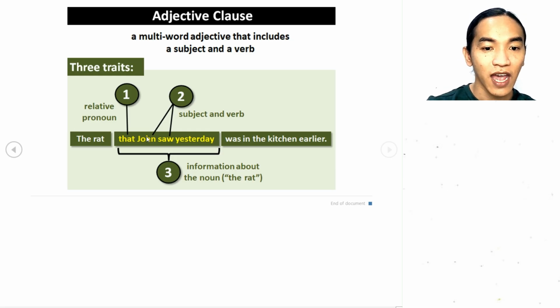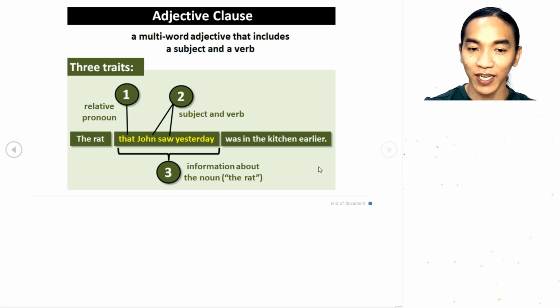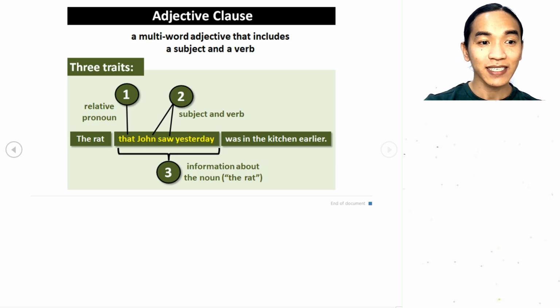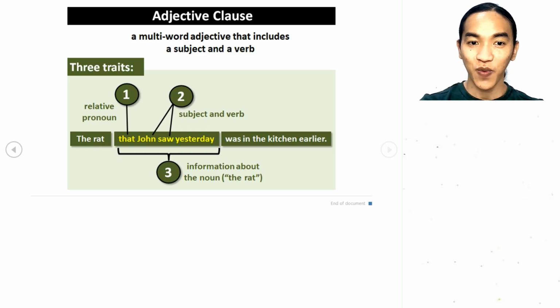The rat that John saw yesterday was in the kitchen earlier. That John saw yesterday is a complete sentence, with subject and verb, describing the rat. This is additional information. That's how adjective clauses work. Please remember it very well.